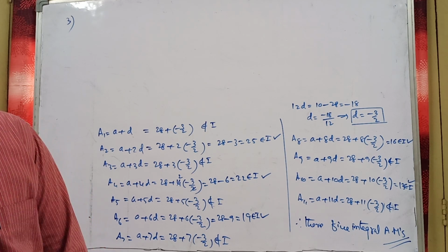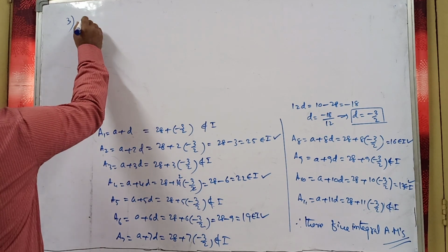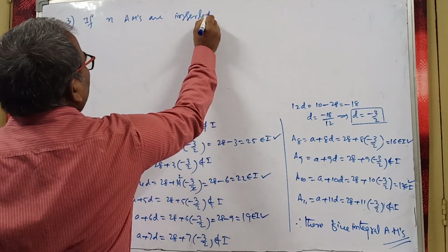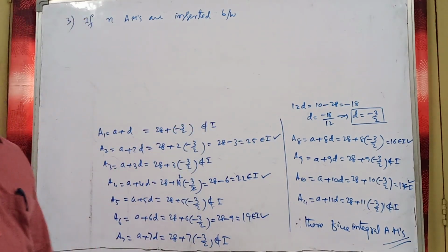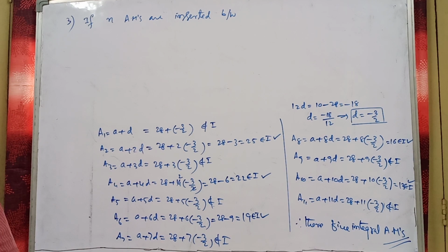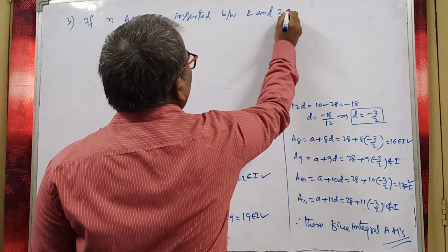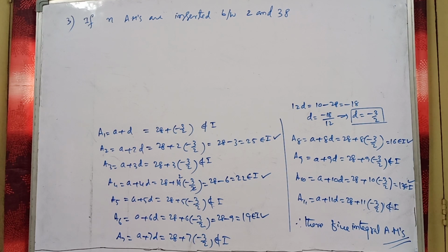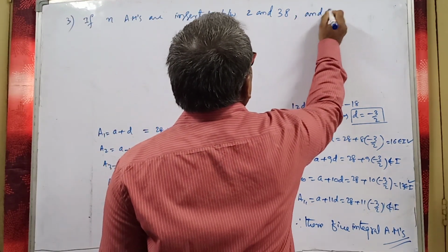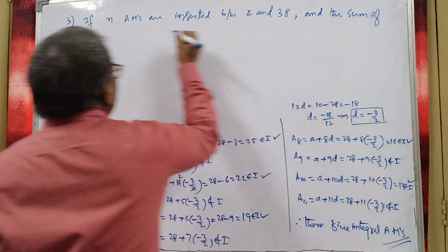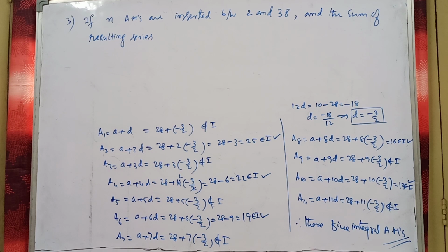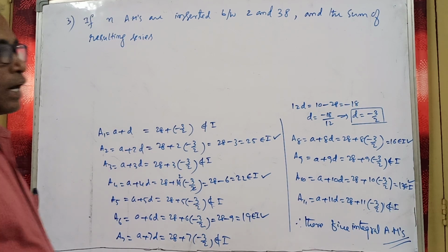If n arithmetic means are inserted between 2 and 38, then the sum of the resulting series is obtained as 200.